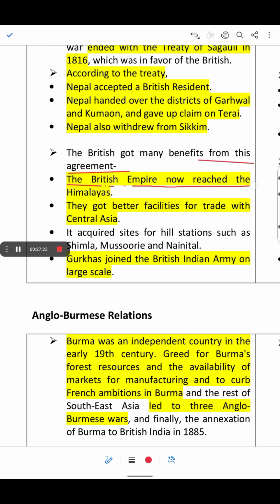The British Empire now reached the Himalayas. They got better facilities for trade with Central Asia, and acquired sites for hill stations such as Shimla, Mussoorie, Nainital, and Gurkhas joined the British Indian Army on a large scale.